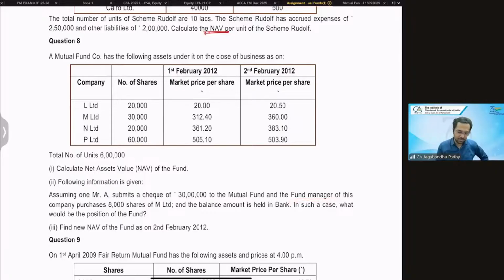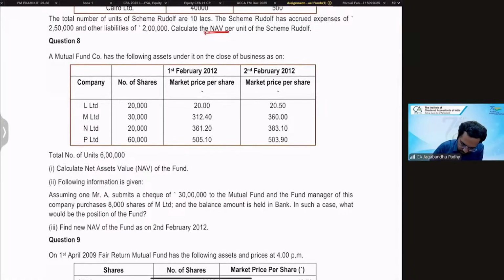The fund manager, which means the mutual fund which is holding these shares, purchased additional shares of M. Which means that now M shares will increase to 38,000. Additionally, the cash balance also will be there, 5,800,000.